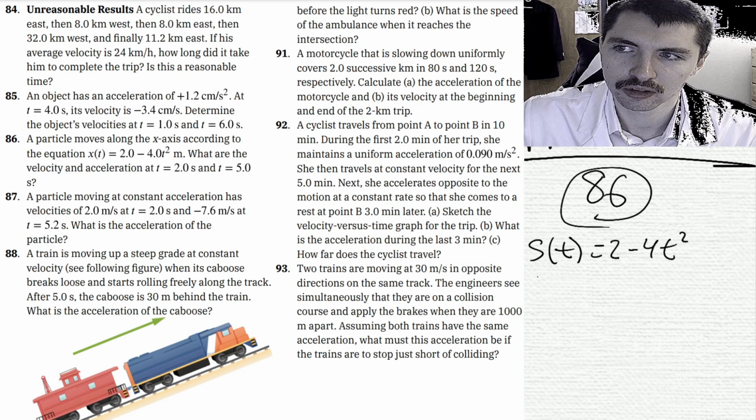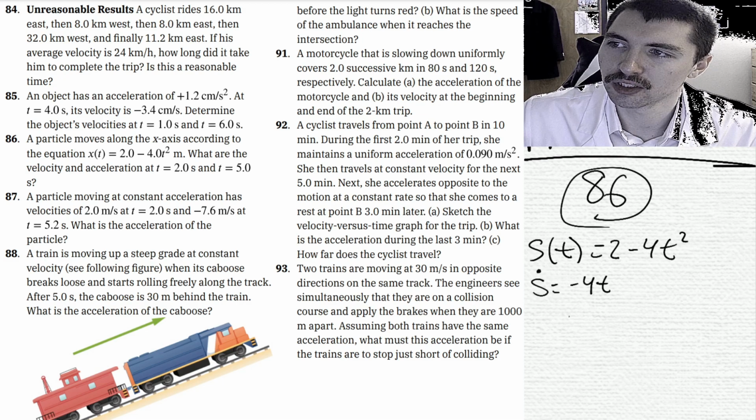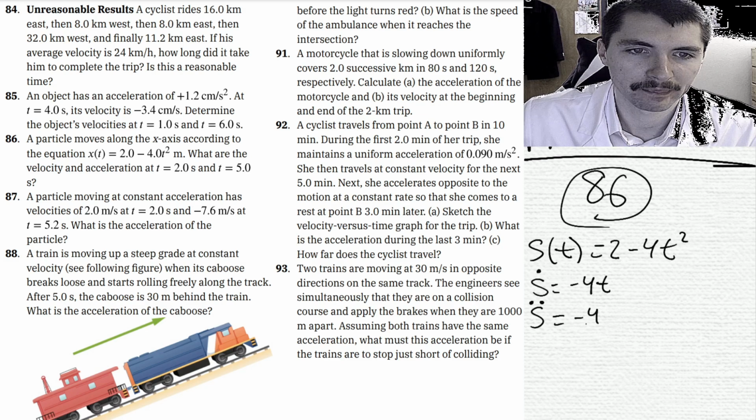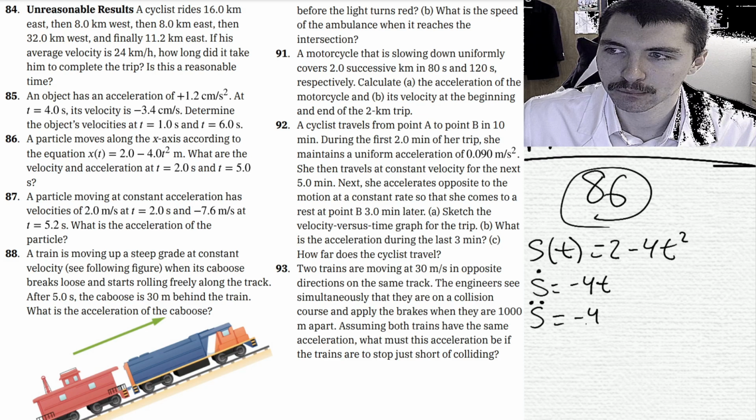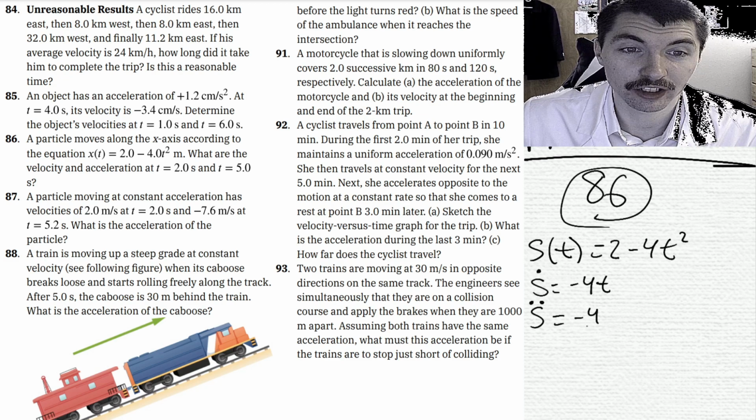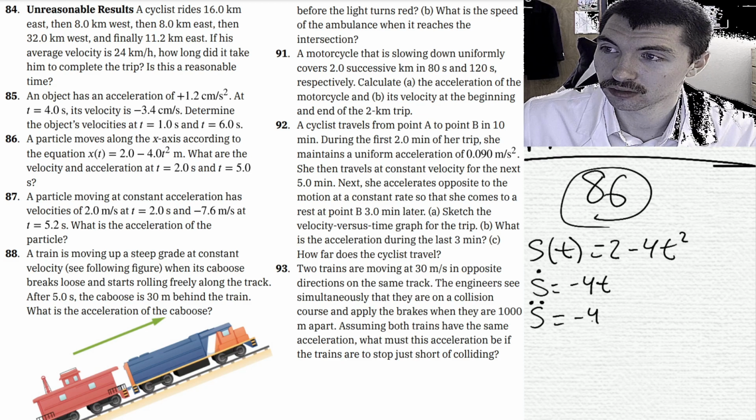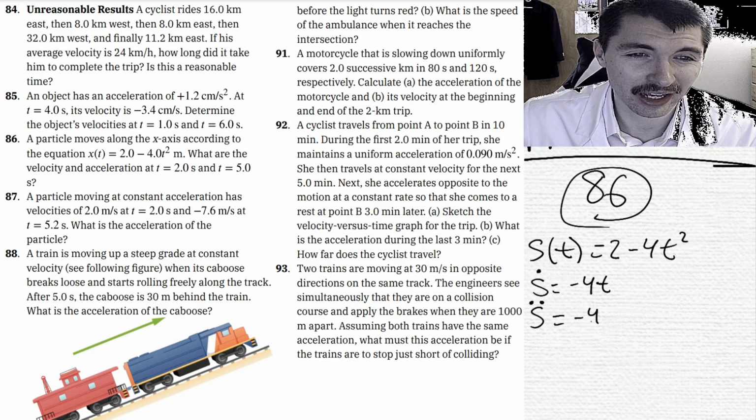Okay, so we're going to take negative 4t, and then this would be negative 4. Okay, so it looks like it's constantly accelerating. So at all points in time, it is decelerating 4 meters per second.